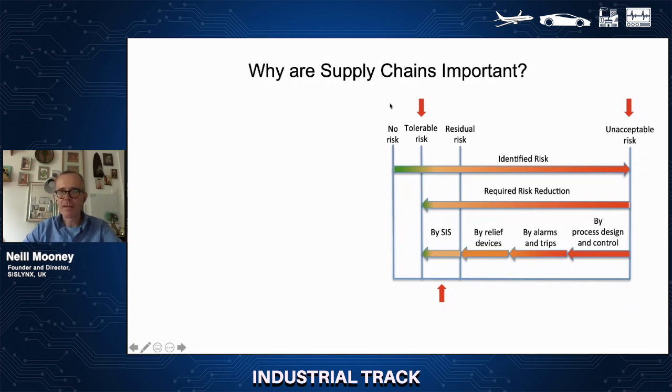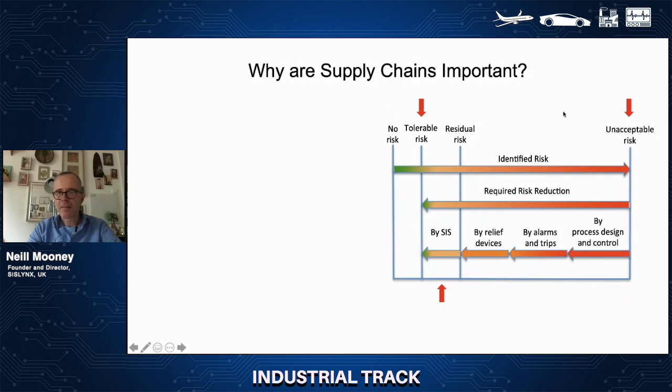So what this means is if you're talking about the application of 61508, you need to have done a risk assessment of your system. And this would begin typically by looking at hazard identification, understanding what are the event sequences that will result in a hazardous event based on those hazards, determining the frequency of this hazardous event, and looking at the consequences of the realization of the hazardous event.